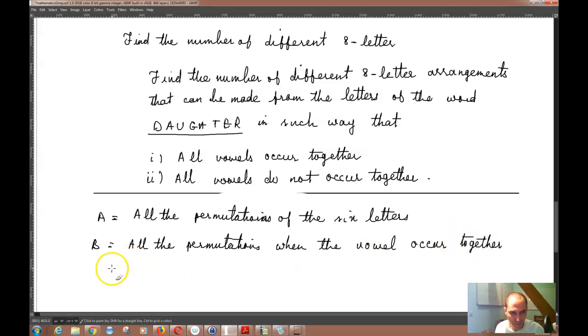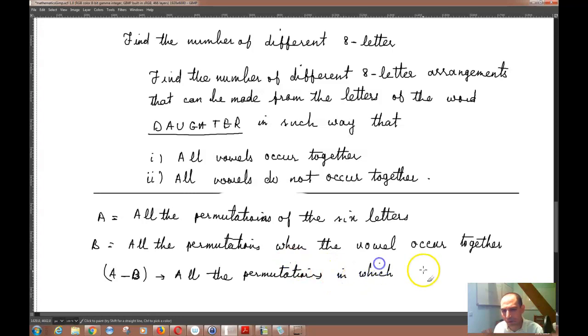And now if you write A minus B, this would be all the permutations in which the vowels are never together.